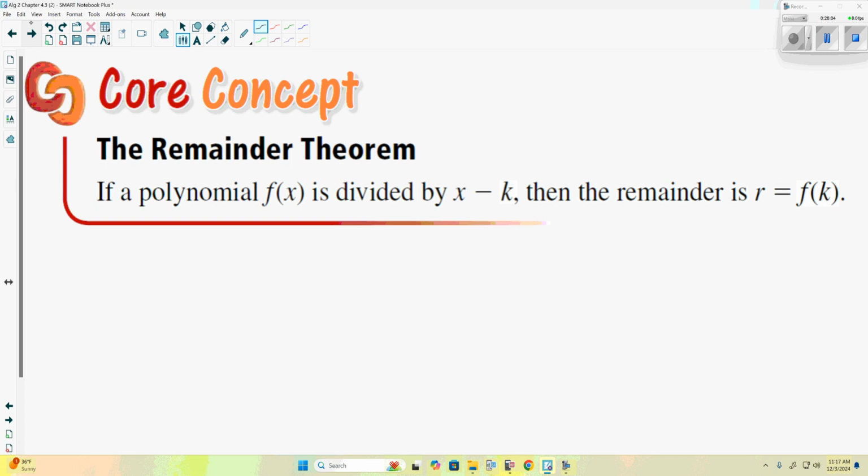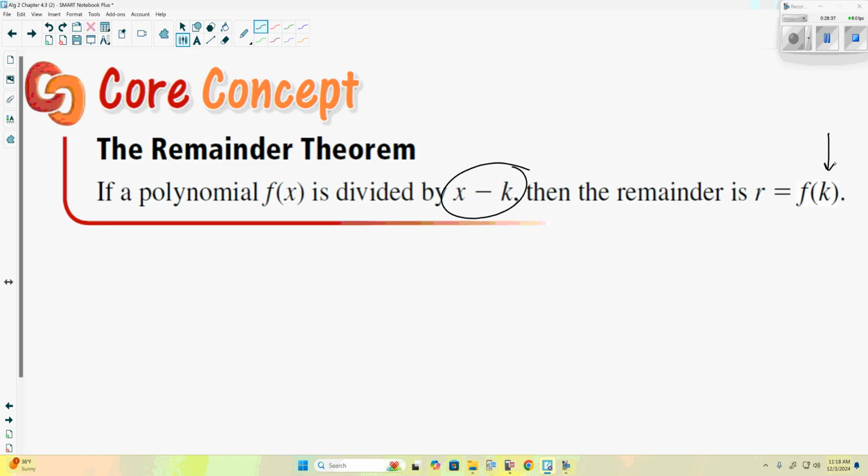Here it is. If a polynomial f of x is divided by x minus k, then the remainder r is equal to f of k. What this is saying is if we divide a polynomial by x minus k, the remainder, what's left over, will be the exact same as if we took that value of k and plugged it in.